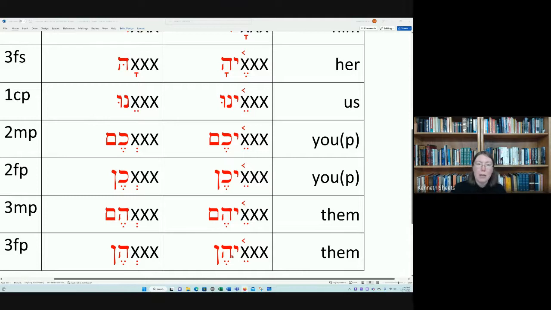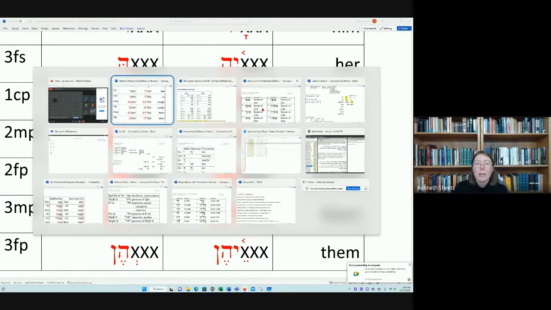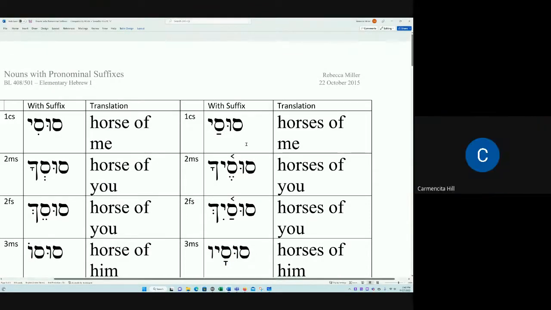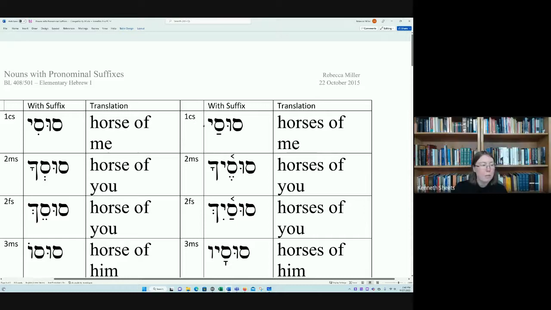And the presence of that yod is going to help in recognizing that the noun to which this suffix is attached is in fact plural. As we saw in some examples, susi, the horse of me, but then you come on over to susai. Again, you've got that yod present there and the longer vowel. And so this would be the horses of me. So you can see how that works.